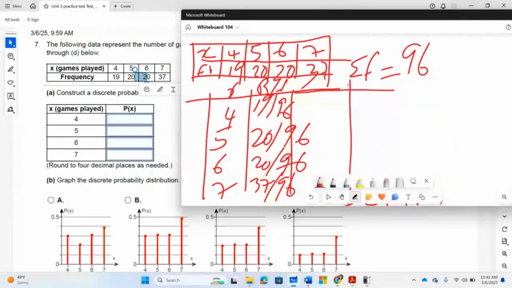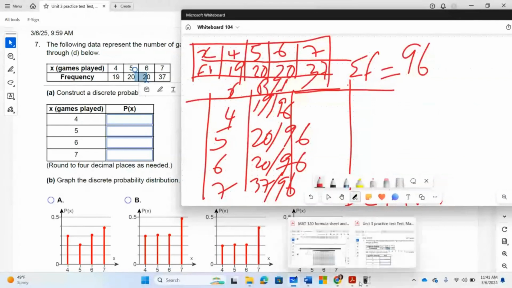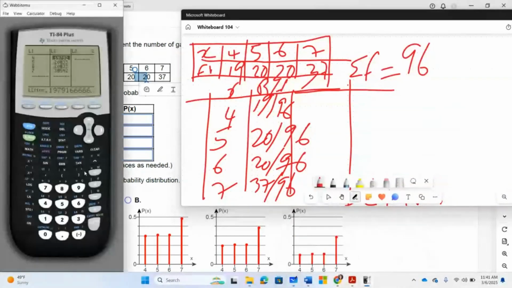Let me go to my calculator and put it in there. So approximately this is 0.197. So let's make it 0.2, approximately 0.2. The other one is 0.21.